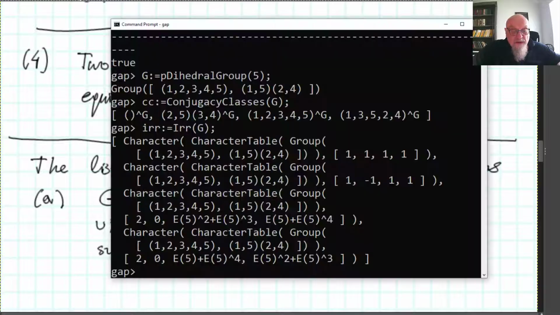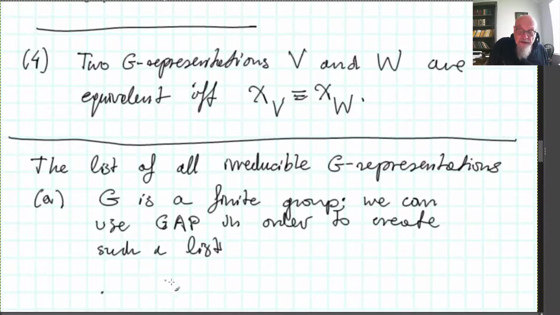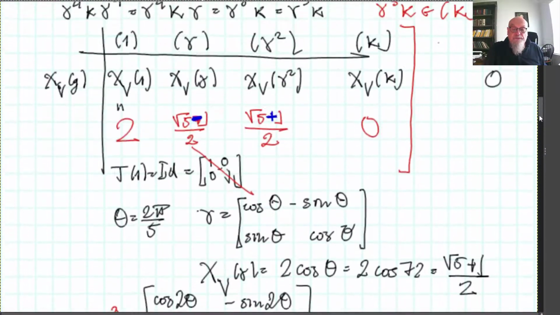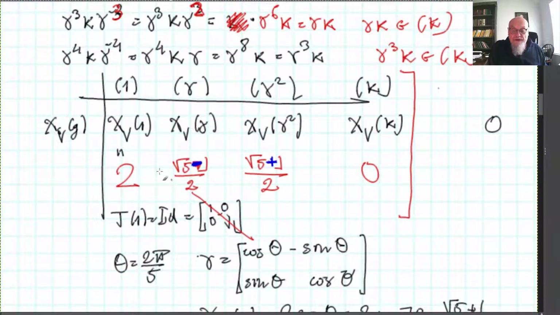Let's see. I just did it. Look, I just ran this. The command to find all the irreducible representations is exactly that one. And this is the irreducible representation of G. Since this is a character of a representation, as you notice, it is a vector.